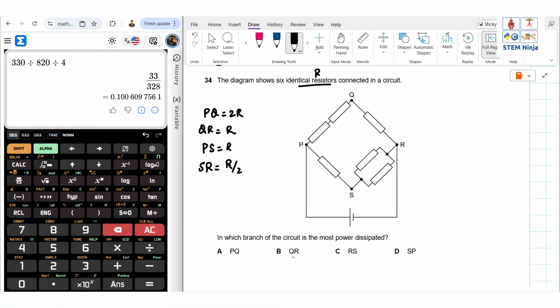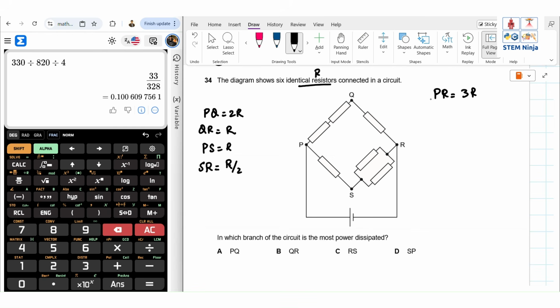So PQ, QR, RS, and SP. SP is R. So to understand that, we need to look at both the V across the PR and the current through PR. So from P to R, the total resistance is 3R.